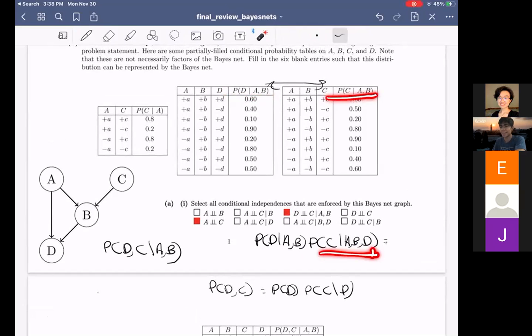In fact, we can, because we made an independence assumption in our BayesNet. And the independence assumption that we made was that C is independent of D given A and B. Therefore, knowing D or not knowing D doesn't change the probability of C given A comma B. So we can just multiply both of these together and get what we want.